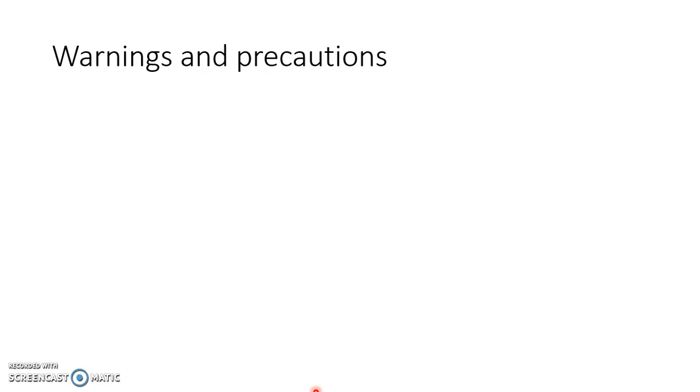And prolonged use of this drug, amoxicillin plus clavulanate, may result in overgrowth of non-susceptible organisms. Pseudomembranous colitis has been reported, so you might see a mild to life-threatening pseudomembranous colitis.